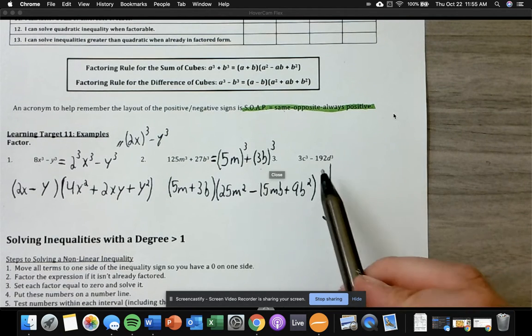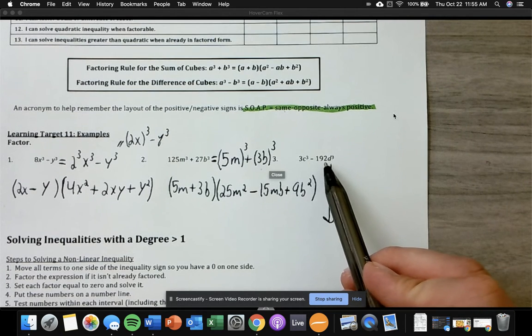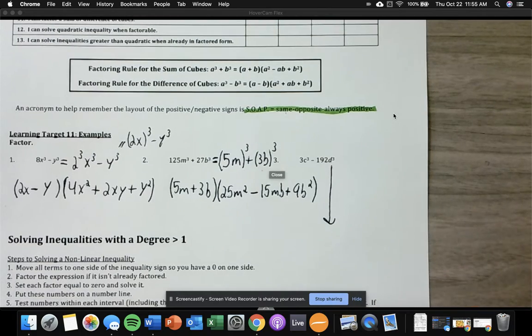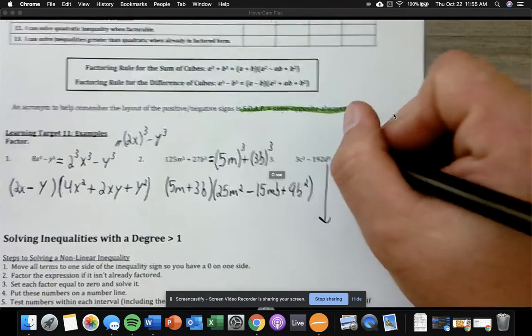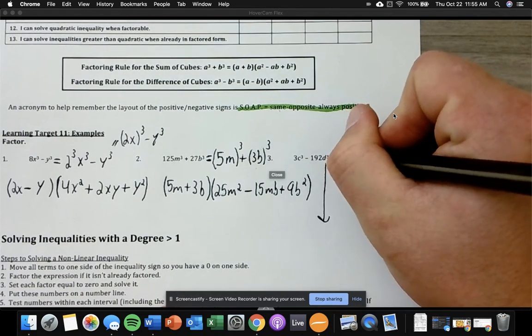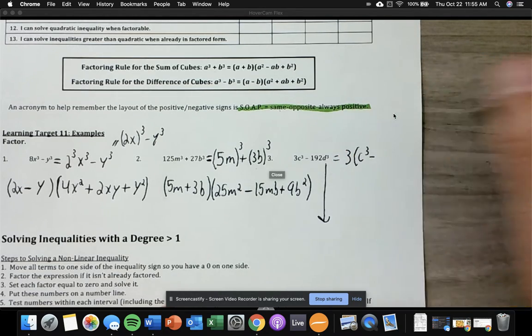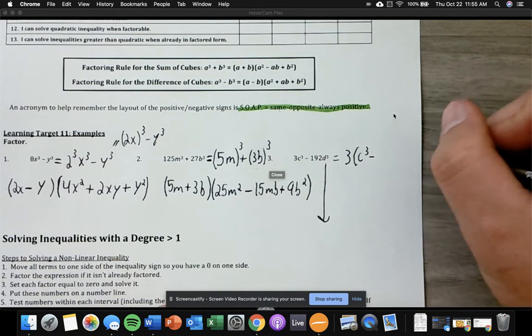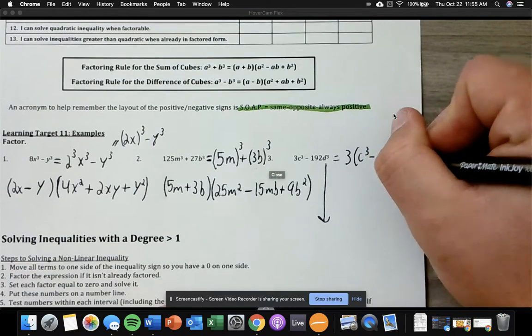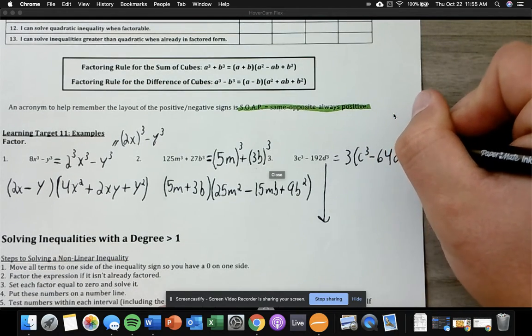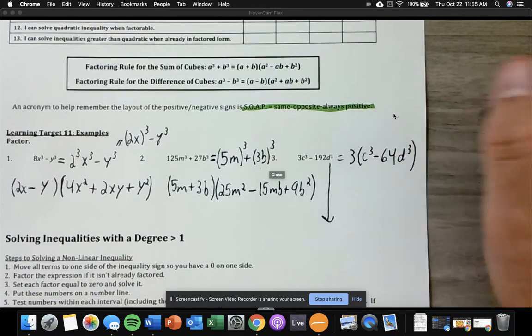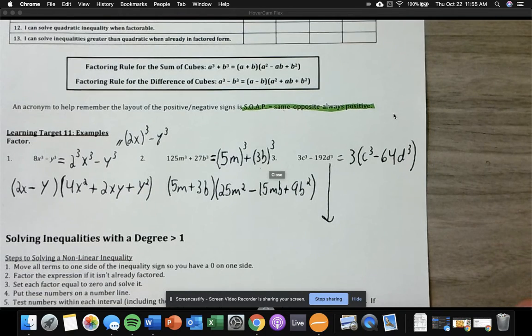But we can notice that maybe 3 is the greatest common factor, which it ends up being. We can pull out this 3, and we get c cubed minus 192 divided by 3, which is 64. So we get 3 times c cubed minus 64d raised to the third power.